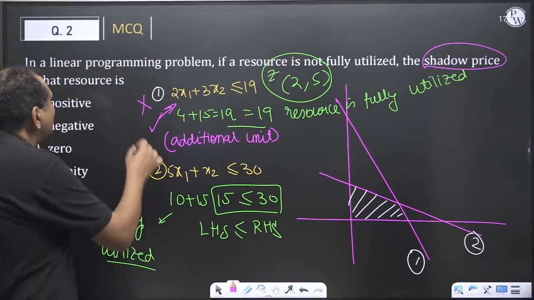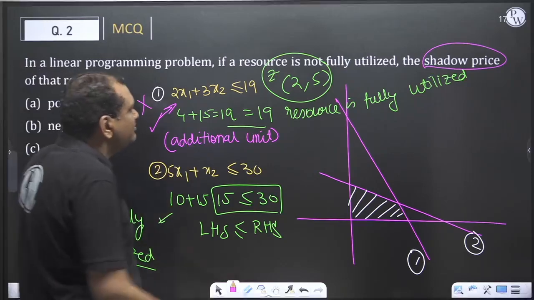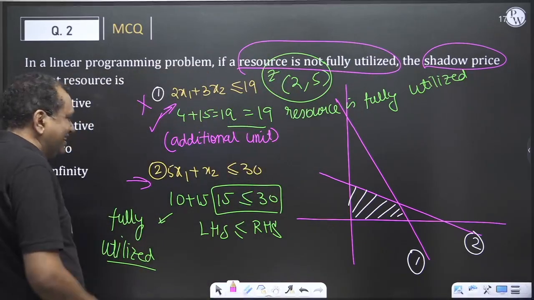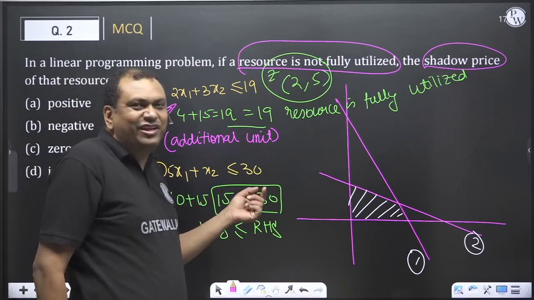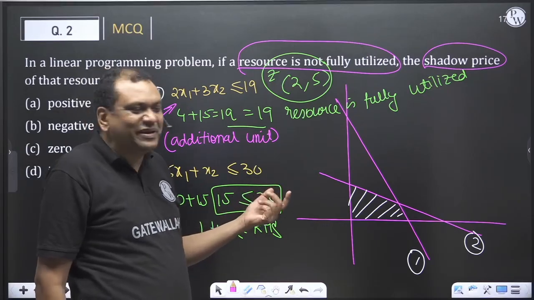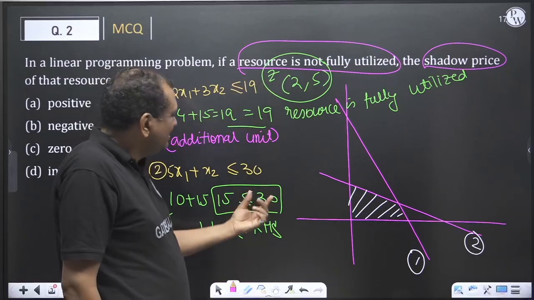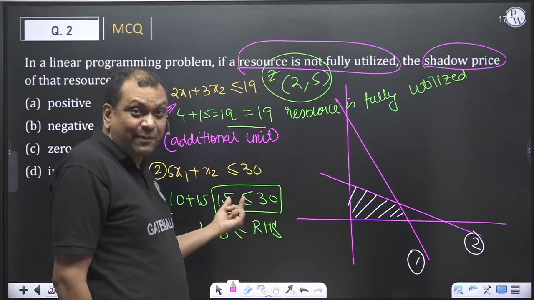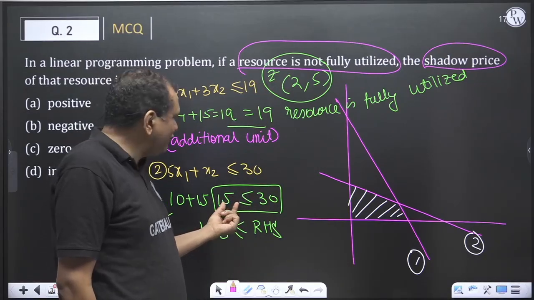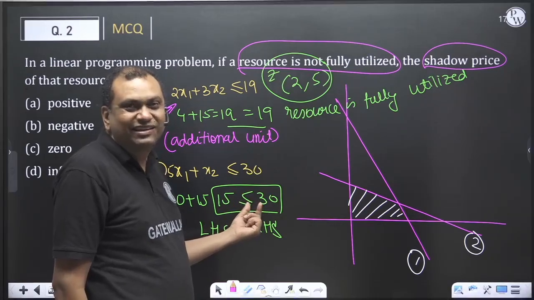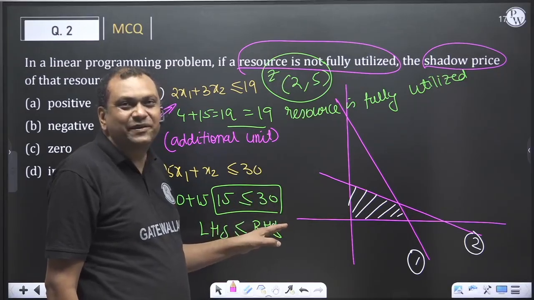But what is the question saying? Resource is not fully utilized means like this. If the resource is not fully utilized, the shadow price is 0, because there is spare capacity. Even 5 more units, 15 more units can be utilized at the existing facility.